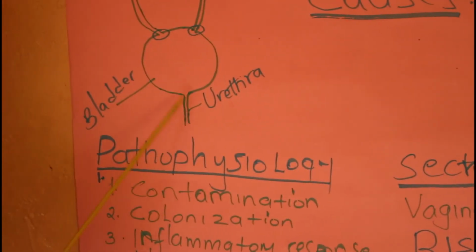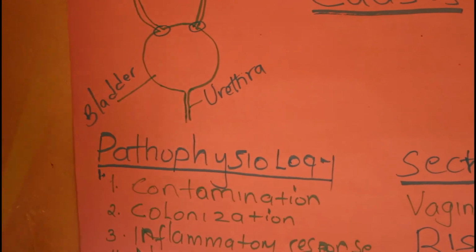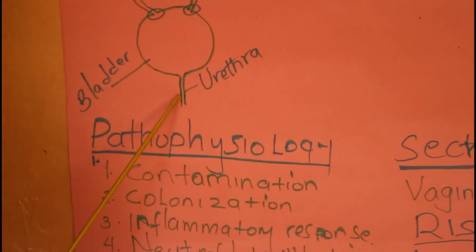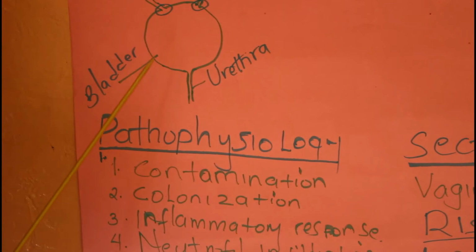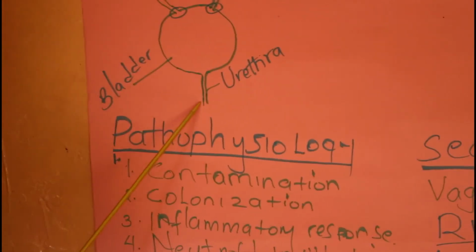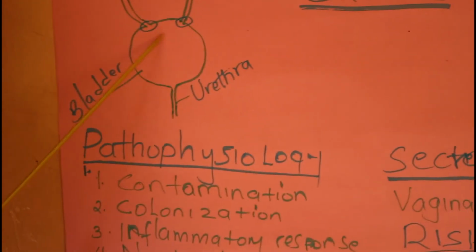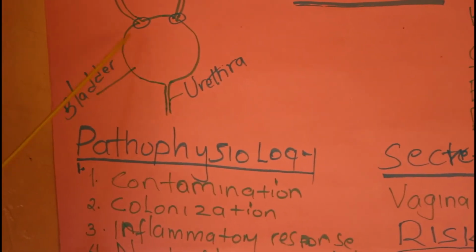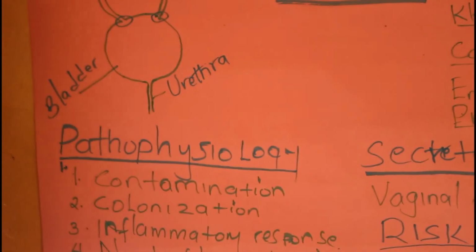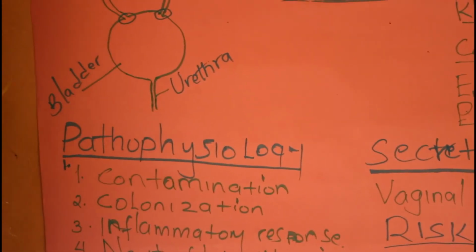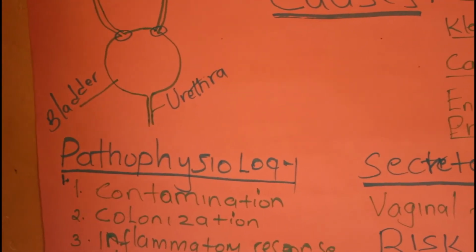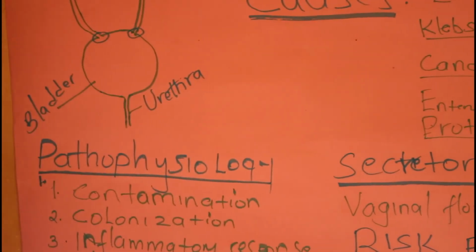When you have an enlarged prostate gland, it squeezes the urethra, and therefore it will prevent the urine outflow. Therefore, you will have stasis of urine in the bladder. I've said that when you have stasis of urine, you promote colonization by microorganisms, and therefore you will develop UTI.